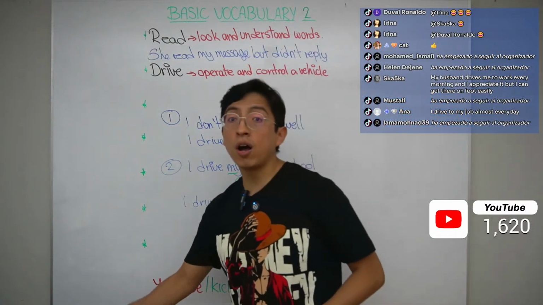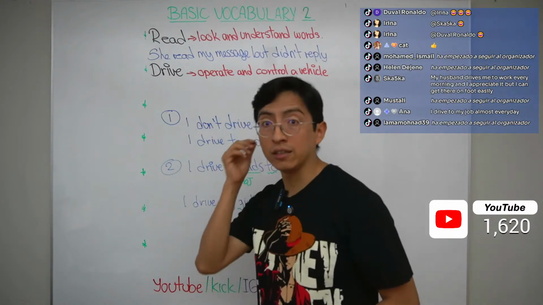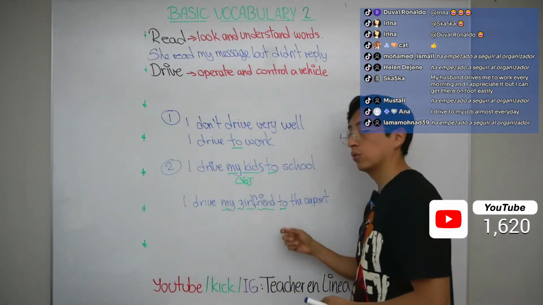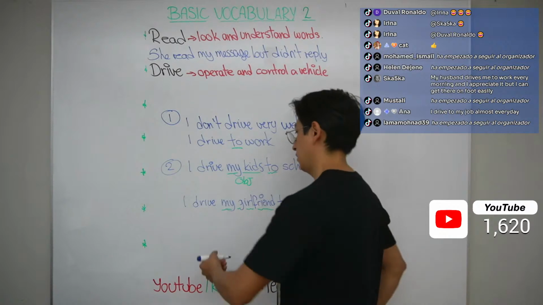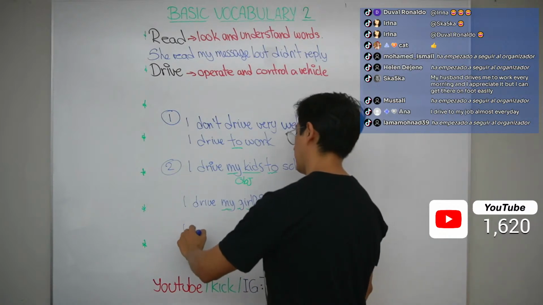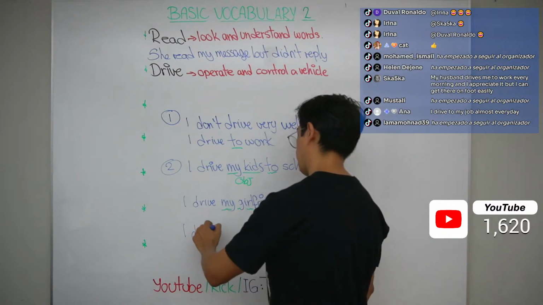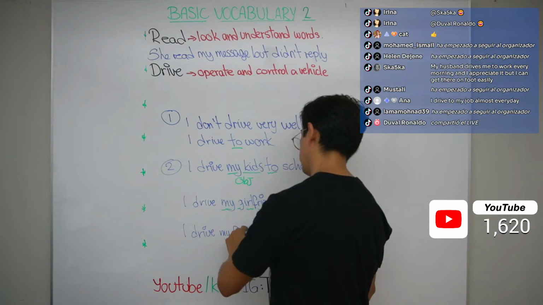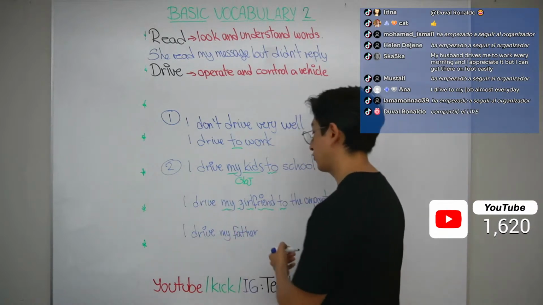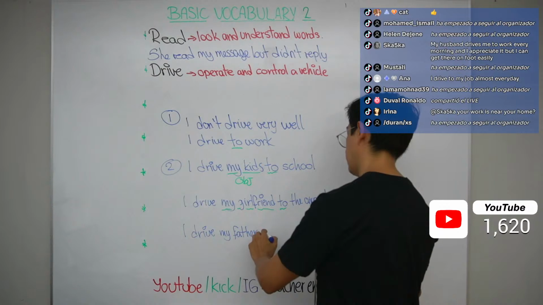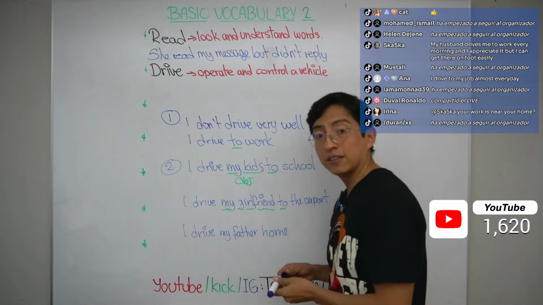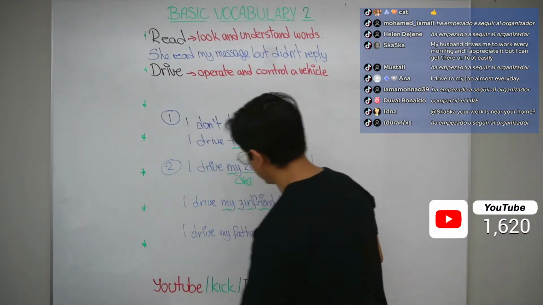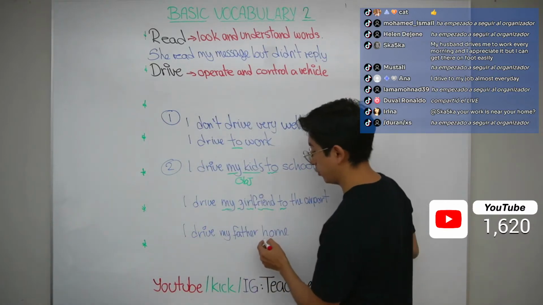But there is one word that doesn't need this word, to. Which word is it? I'm gonna write it here. I drive my father home. This is the only one that doesn't need the preposition to.